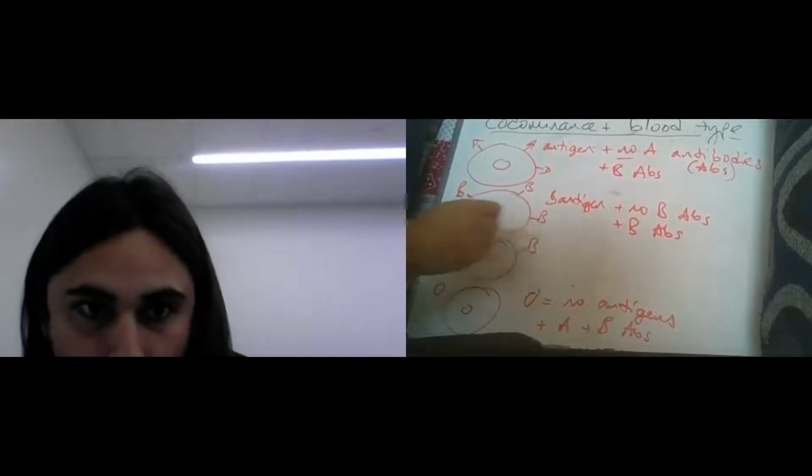If you have both A and B antigens, so I had to write this in red because, you know, it's blood, that equals no antibodies. So now you have a different phenotype for A dominant and B dominant and AB dominant.